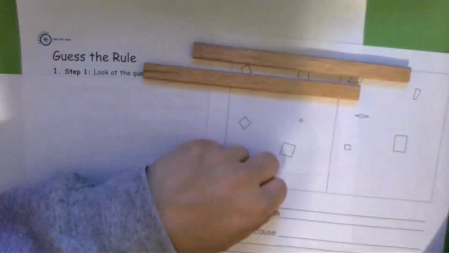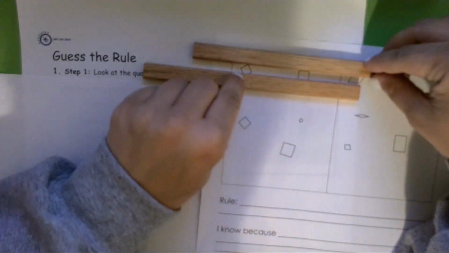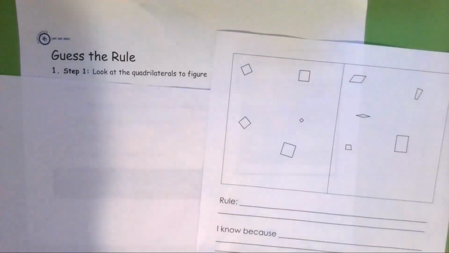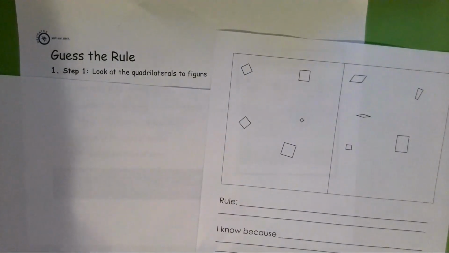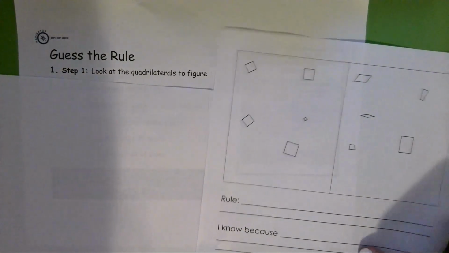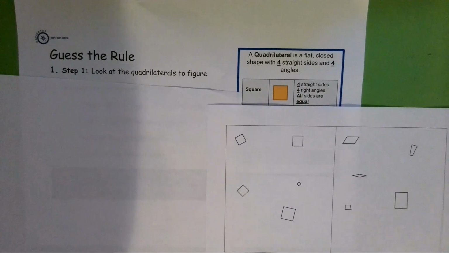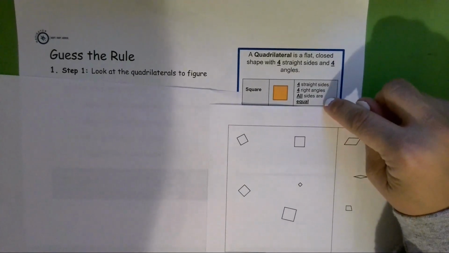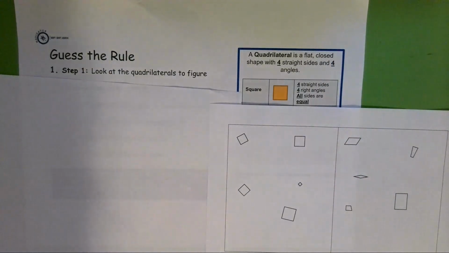Yes or no? I bet you said yes because they go the same way and never cross. So we know that a square has 4 straight sides, 4 right angles, and all sides are equal. Nice work.